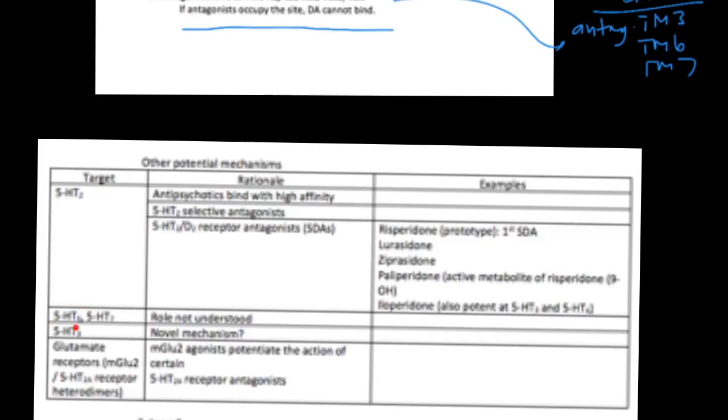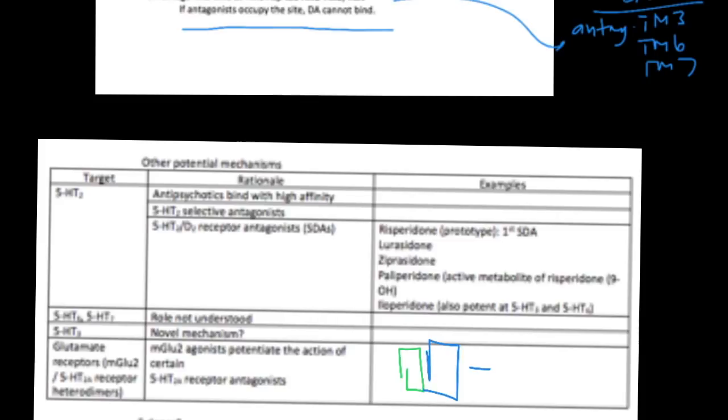5-HT6, 5-HT7, their mechanism is not understood. 5-HT3 might represent a novel mechanism, TBA. Glutamate receptors, mGlu2, 5-HT2A receptor heterodimers. So basically, what that means is here's your mGlu2 receptor, and here's your 5-HT2A receptor.